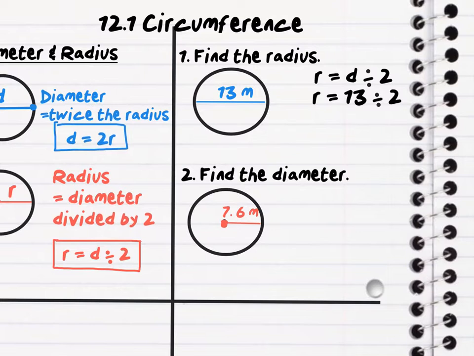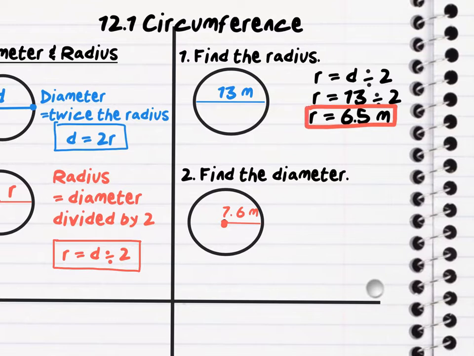For the second row, we're going to write R equals 13 divided by 2, and then our last step is to solve. So we just do 13 divided by 2. That gives us 6.5, and this M stands for meters. That is our answer, so we box our answer.